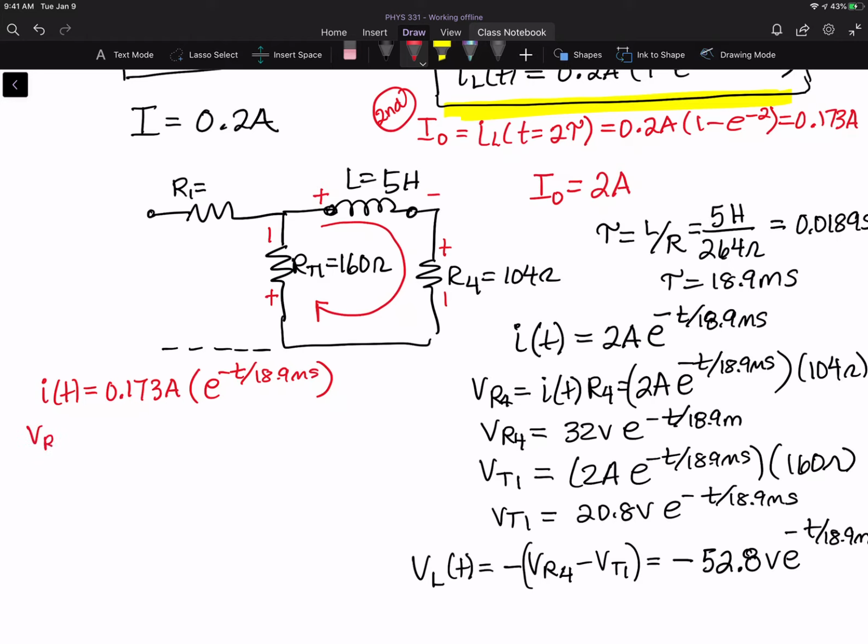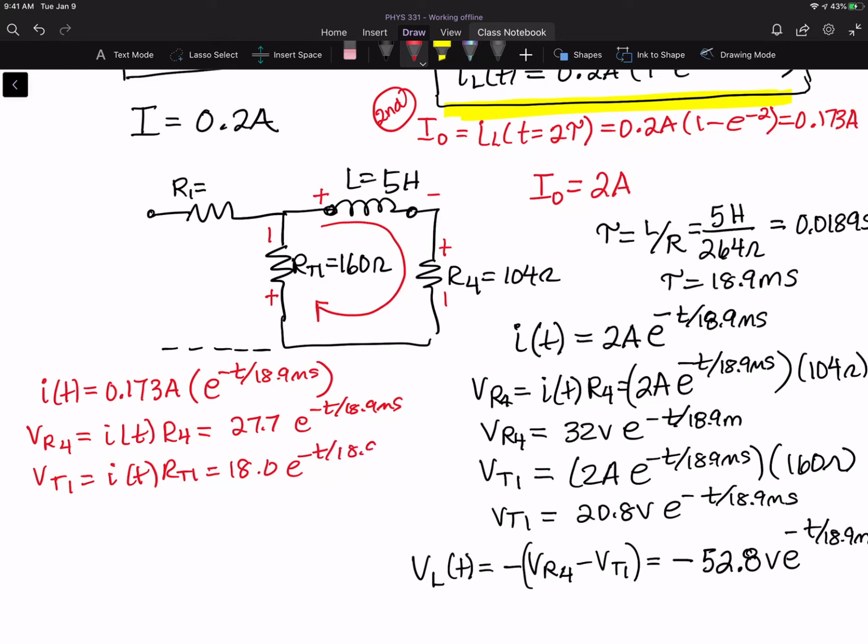And then I would have to determine the voltage across each one of those resistors, similar to the way that I did before. I'm just going to plug the values in. And of course now we don't have a current of 2 amps, we have a current of 0.173 amps. So this becomes 27.7 e to the minus t over 18.9 milliseconds, and this is 18 e to the minus t over 18.9 milliseconds.